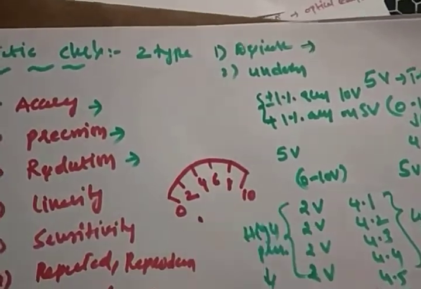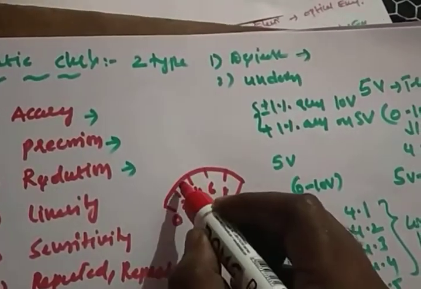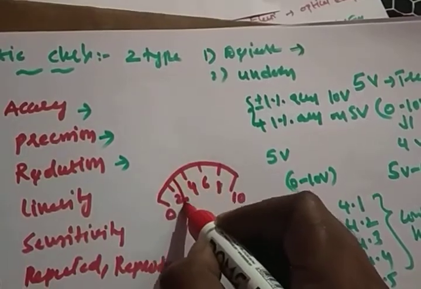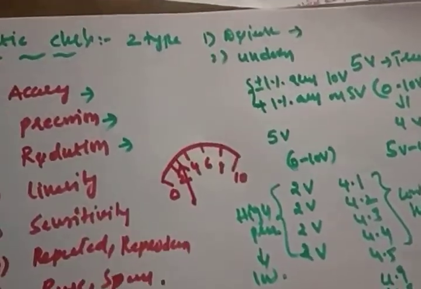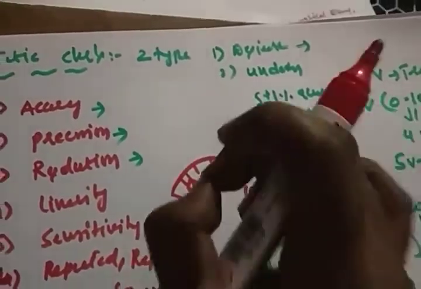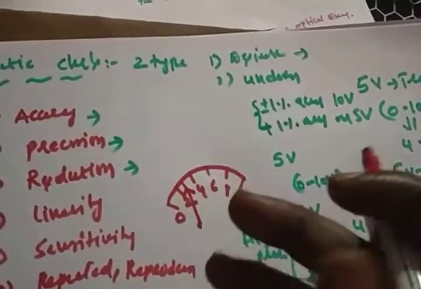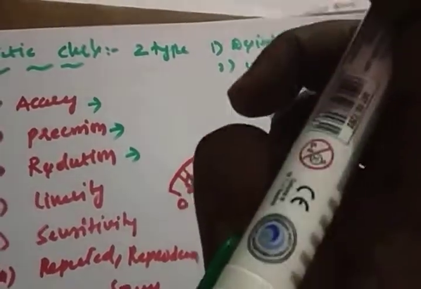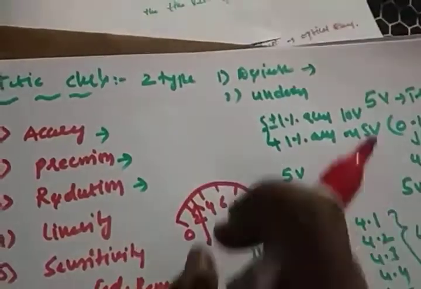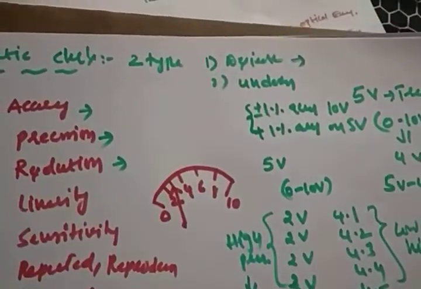My pointer starts here. If my pointer stays here, what is that value? You don't know. There is a smallest change. You blindly won't say that is 2.6 or 2.3. You have to tell accurately what that value is. This is the smallest change that we need to detect. That is called the resolution of the instrument.